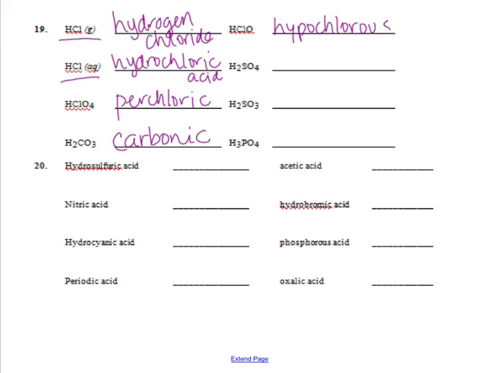Hypochlorous acid. Okay, the sulfur polyatomics and the phosphorus polyatomics, the names are a little different than what you might think. This is sulfate, right? What's the name of the acid? Sulfuric. It's not sulfic. A lot of students want to say sulfate, sulfic. No, sulfuric. Sulfuric acid.